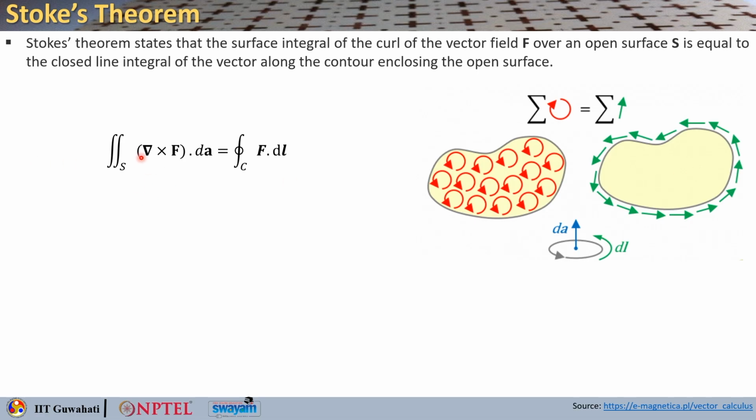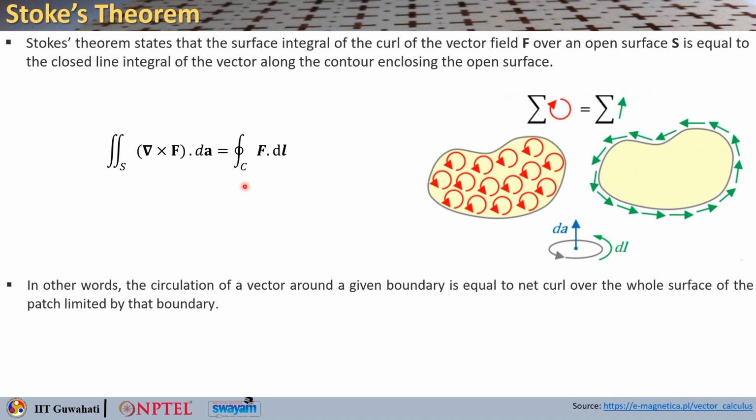So, you can write that the curl of F dot dA, integrated over this entire surface, will be the same as the contour line integral, or closed line integral, of the vector over this particular contour.